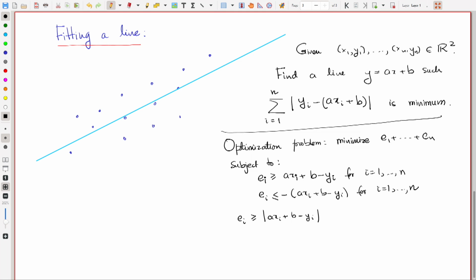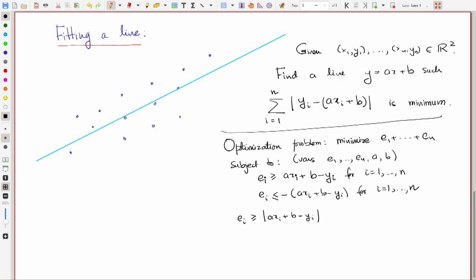Okay, so now suppose you have an optimal solution to this. The variables are e_1 to e_n, a and b, and our goal is to really find a and b.